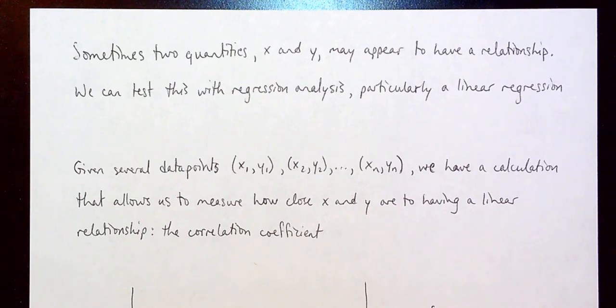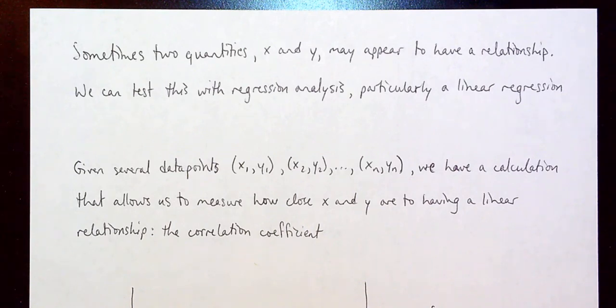So if we have two quantities, x and y, we can test to see if there is a relationship between the two, and we test with a method known as regression analysis, and particularly we are going to focus on linear regression. We're going to see if there's a linear relationship between these two quantities, x and y.